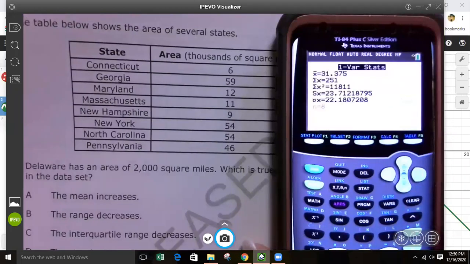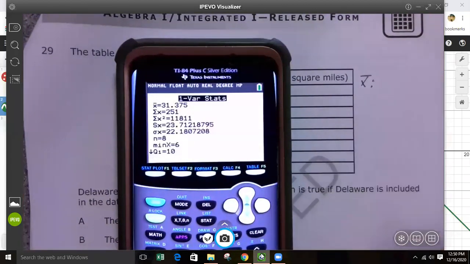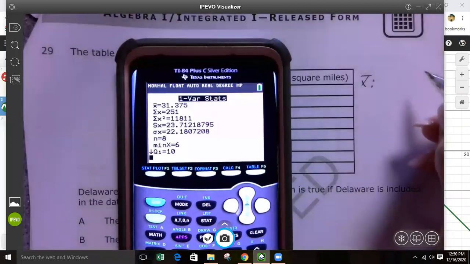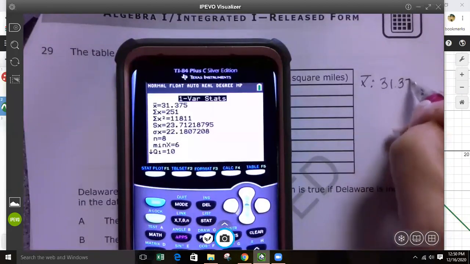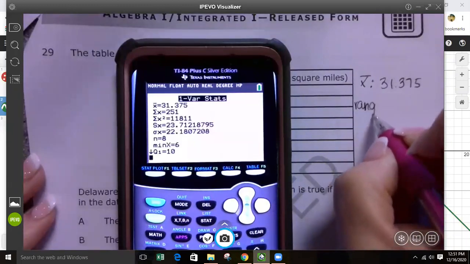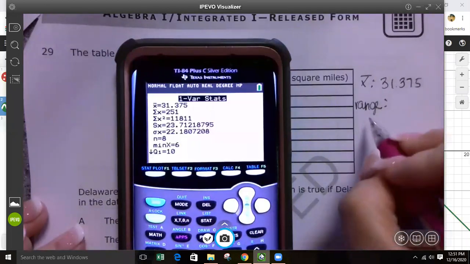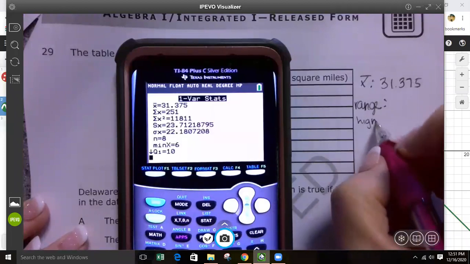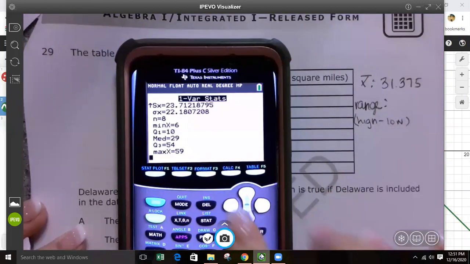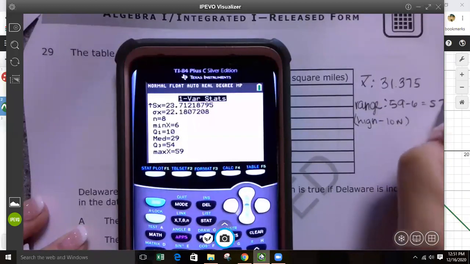And I'm going to write down what all these are. So the mean looks like this is 31.375. To find the range, remember the range is the highest minus the lowest. So there's your minimum at 6 and your maximum at 59, which gives you 53.